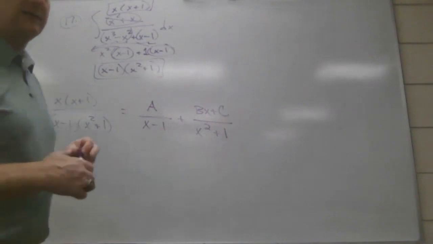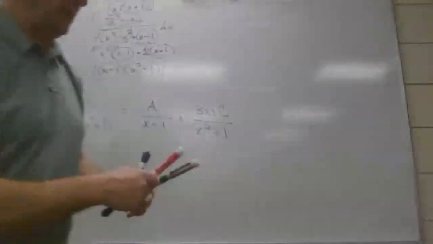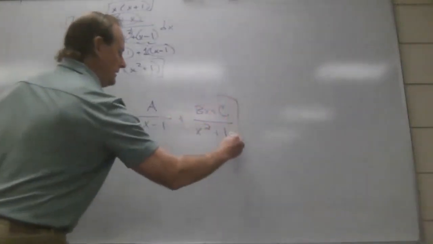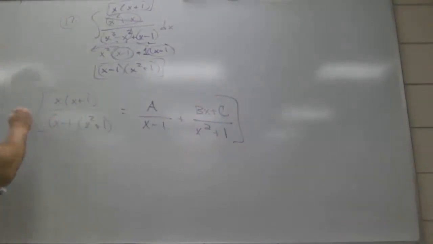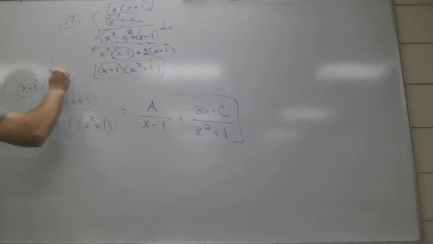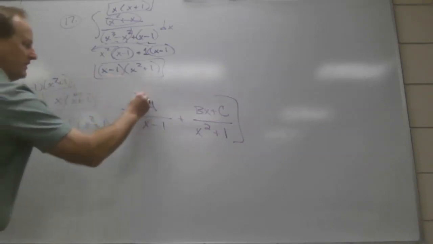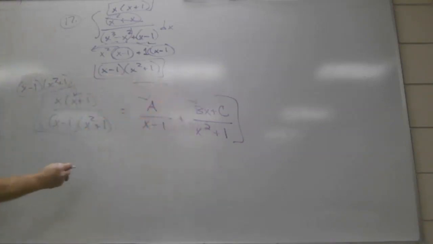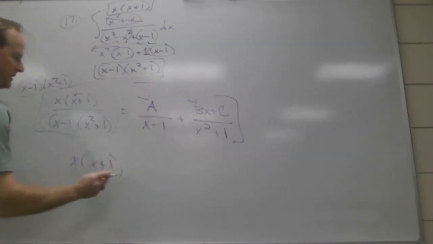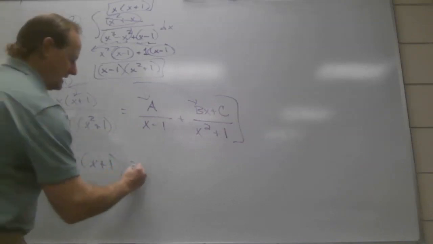And so to do that, what I can do is multiply both sides through by the denominator, or the least common denominator, which is actually x minus 1 times x squared plus 1. And if I multiply that through on both sides, the distributive law applies on the right. So on the left, I'm left with x times (x plus 1), just the numerator, because the denominator would fully cancel out.